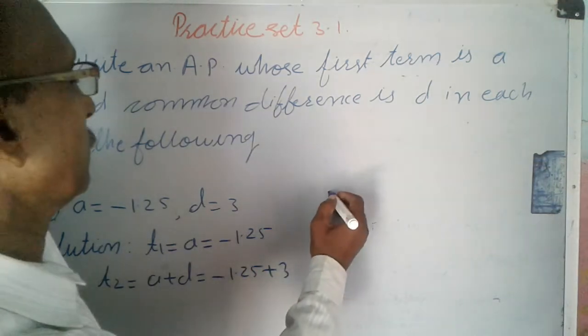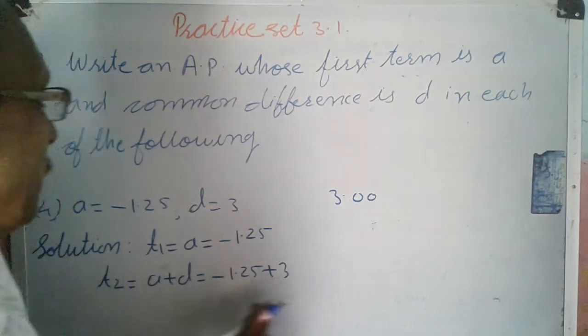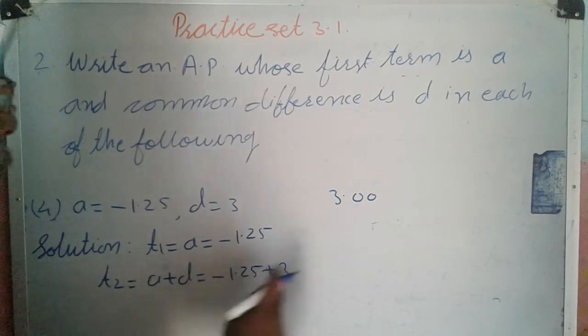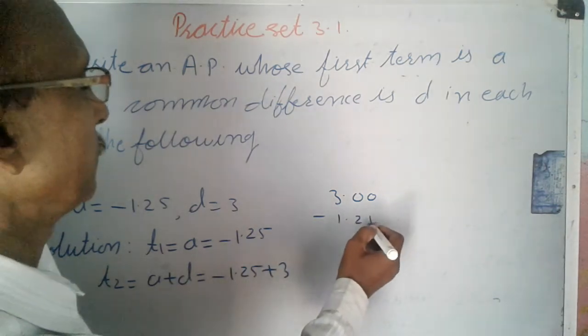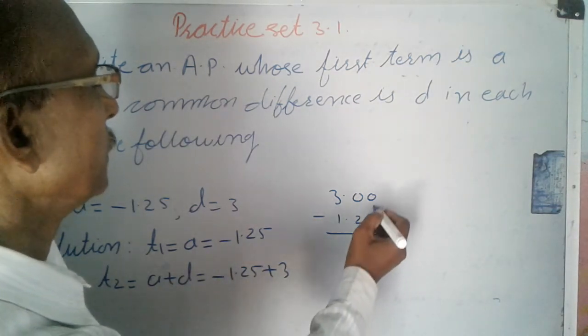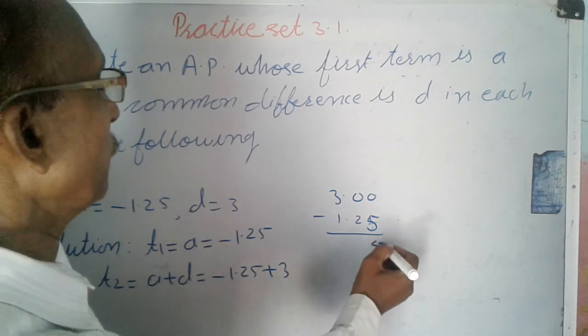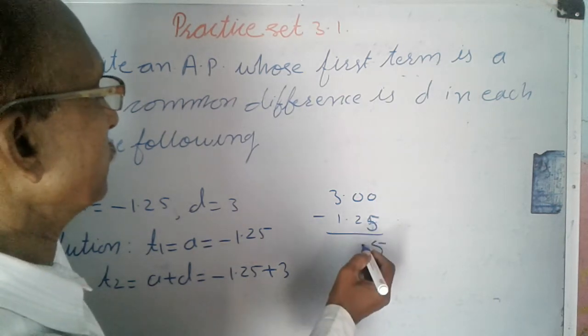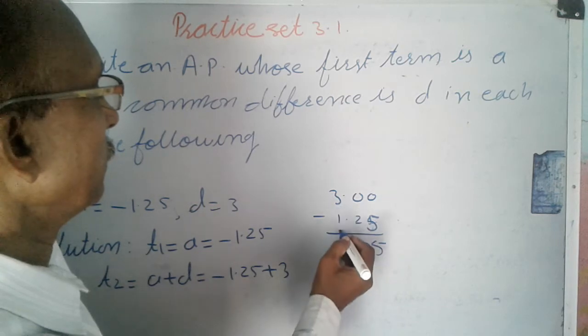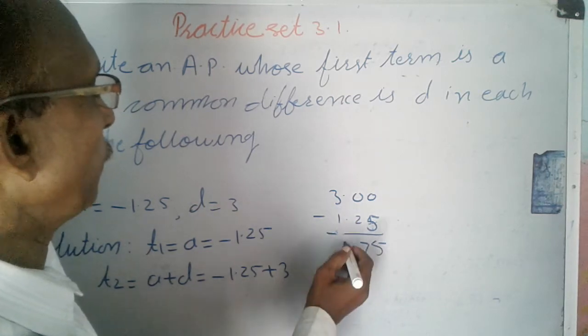So here we have to subtract 1.25 from 3. 10 minus 5, 5. 9 minus 2, 7. Here 2 minus 1, 1.